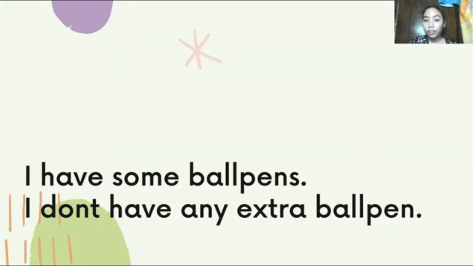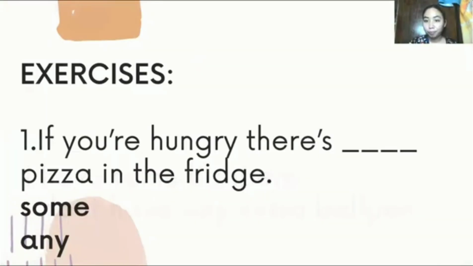Ball pens is the plural of ball pen. And then, here I don't have any extra money. Here we use any because the speaker said that he doesn't have any extra money, or any extra ball pen.